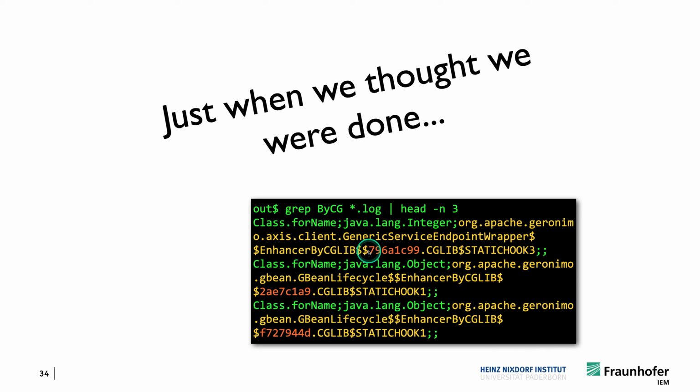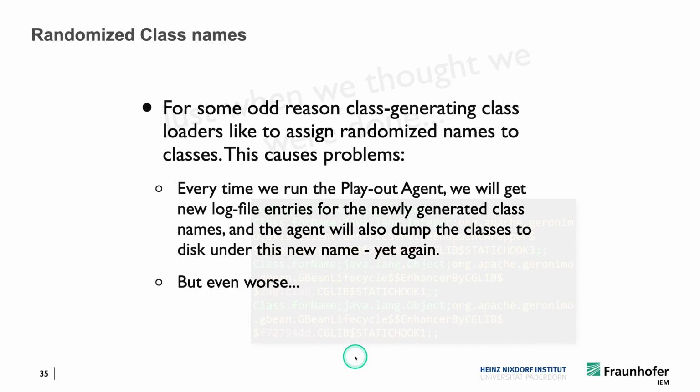Okay, so this is a randomly generated number. It's not securely randomly generated, but random enough so that we can't really easily predict it. And so the problem is we might record these classes and invocations to them during playout, but then if the play-in agent is trying to find a match in the class repository, it will not find a match because in the second run, during which play-in is happening, we might be using different class names altogether, right?